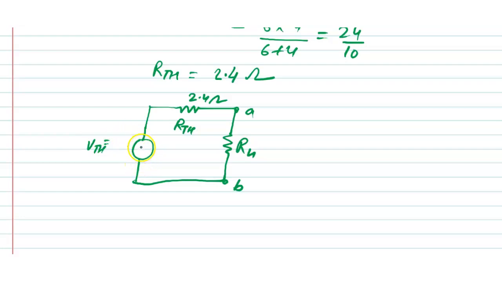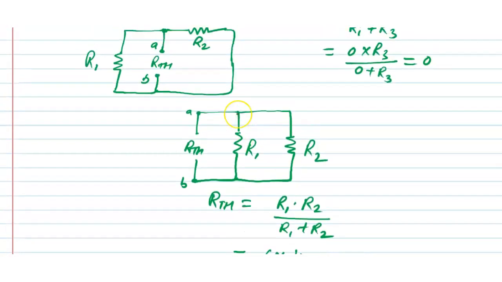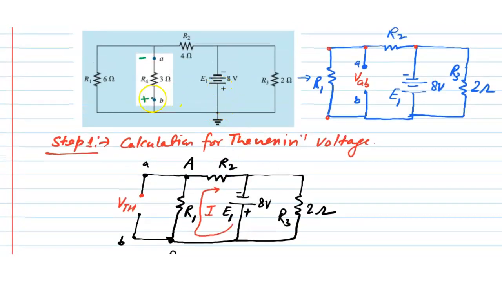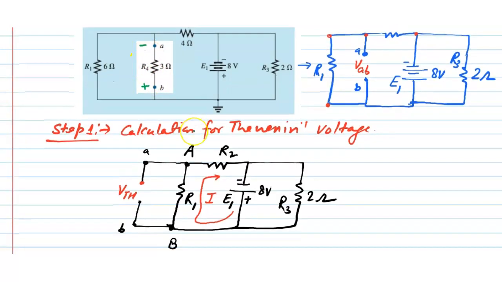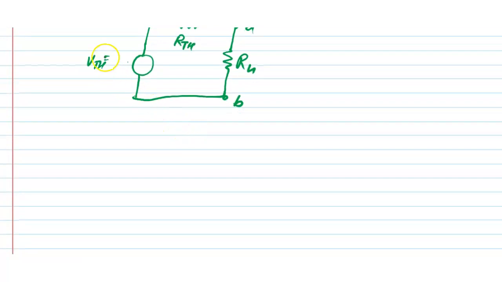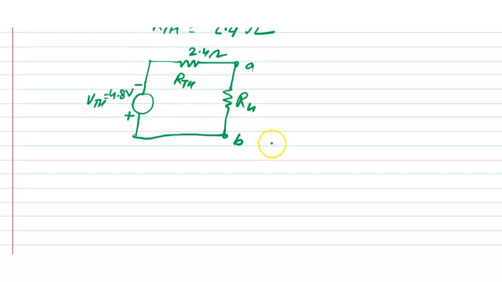Here you have to mention the sign, because this is positive and this is negative. The VTH is equal to 4.8 volt, and this is positive and this is negative. Thank you.